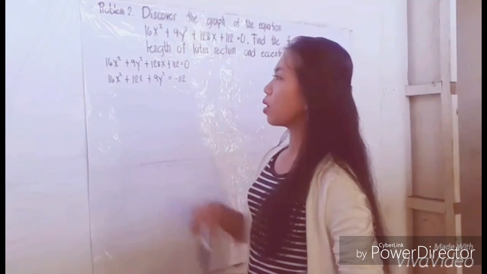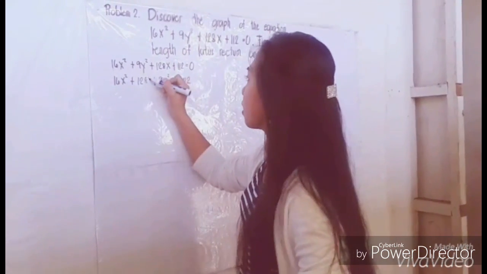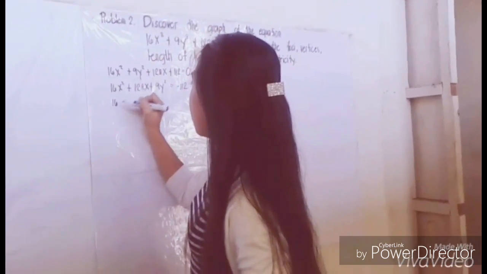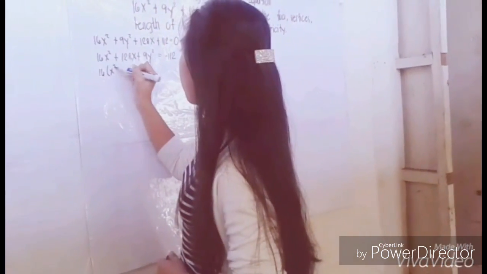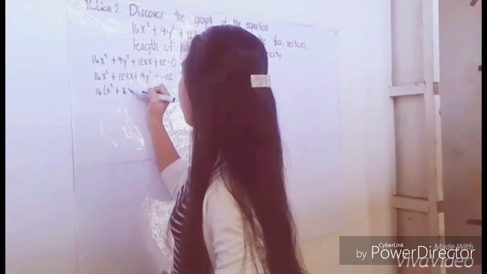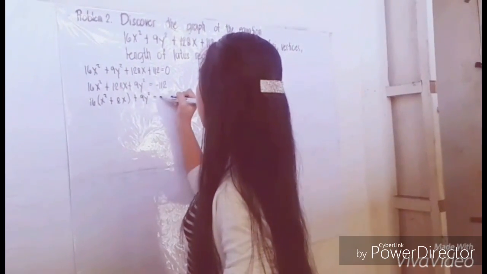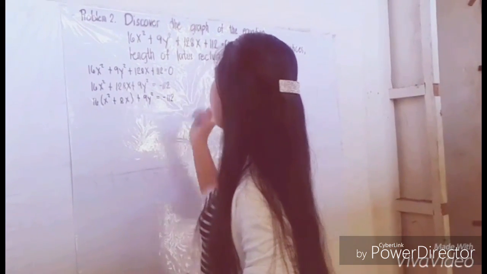Factor 16x squared plus 128x. So we have 16 times x squared plus 8x, plus 9y squared is equal to negative 112.